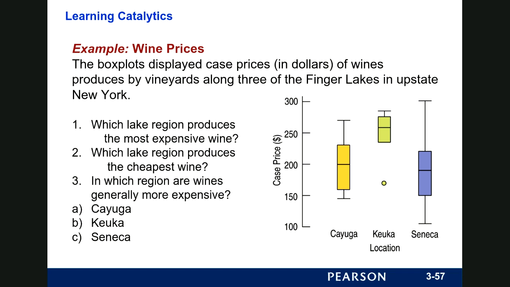I'm going to put a poll here, so you have to answer the questions in the poll. Your answer choices are Cayuga, Keuka, and Seneca. Again, the question is asking which lake region produces the most expensive wine?